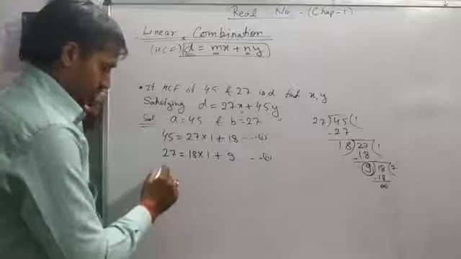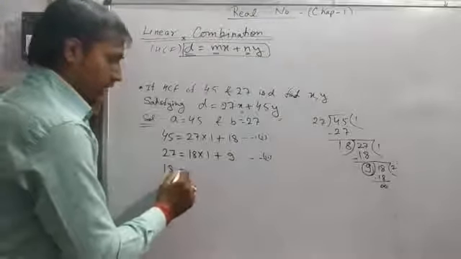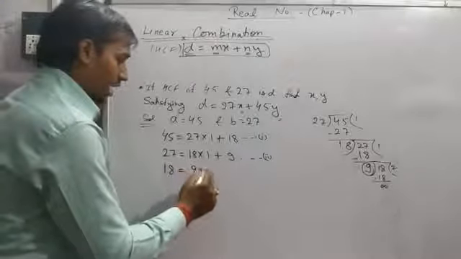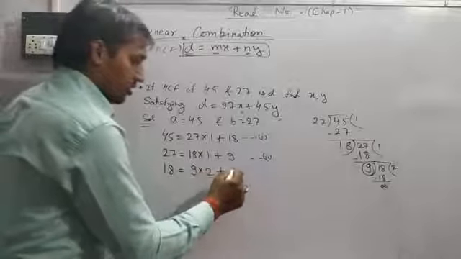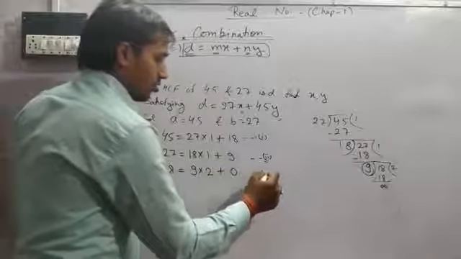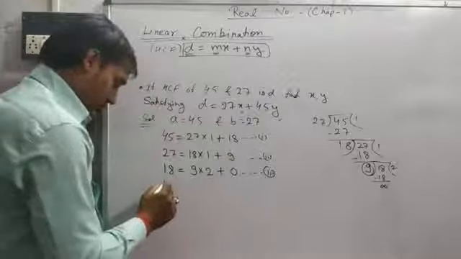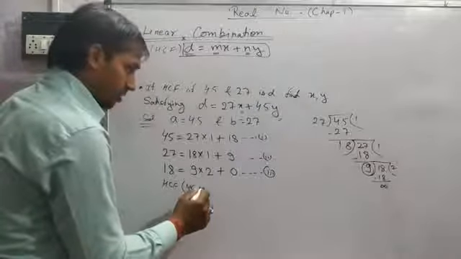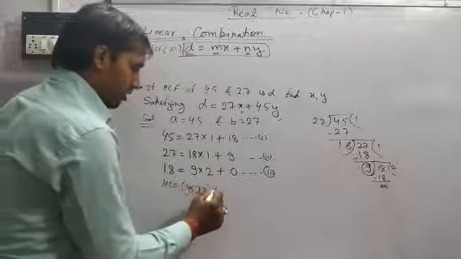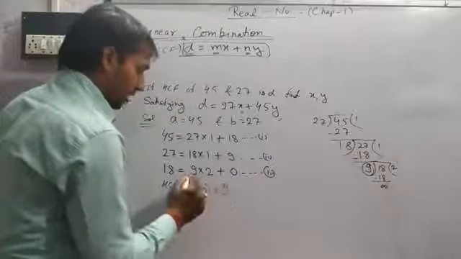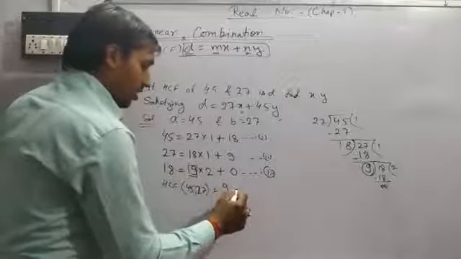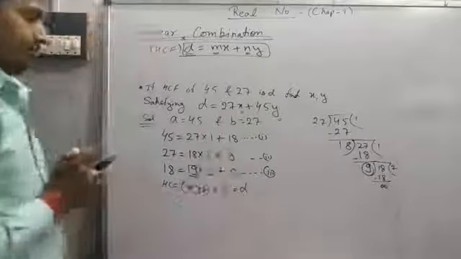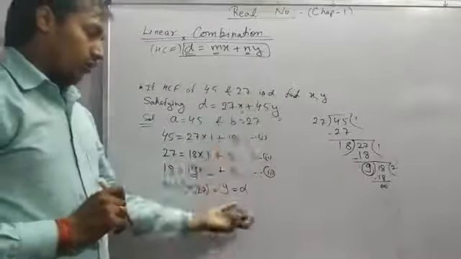Third, 18 is equal to 9 into 2 plus 0. So HCF of 45 and 27 is equal to 9. The last divisor, that is the value of D. So we get the value of D.